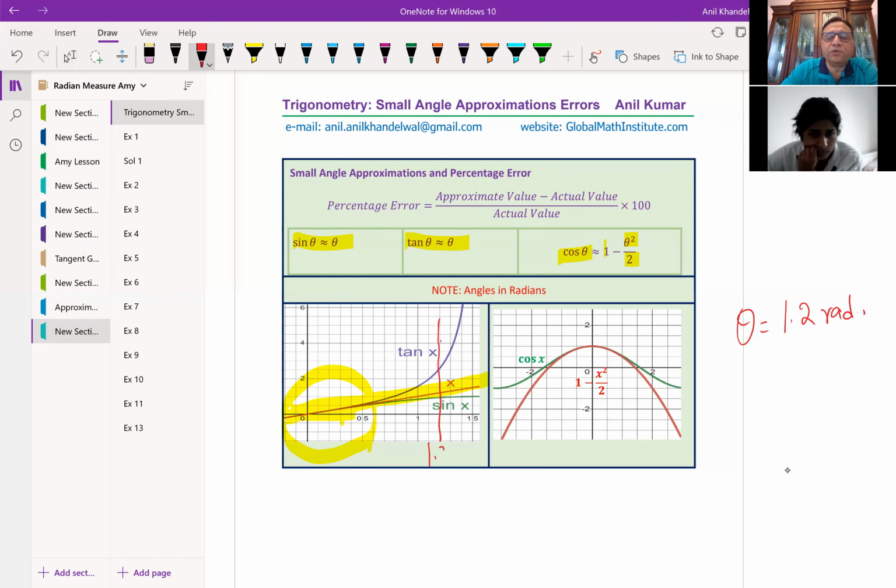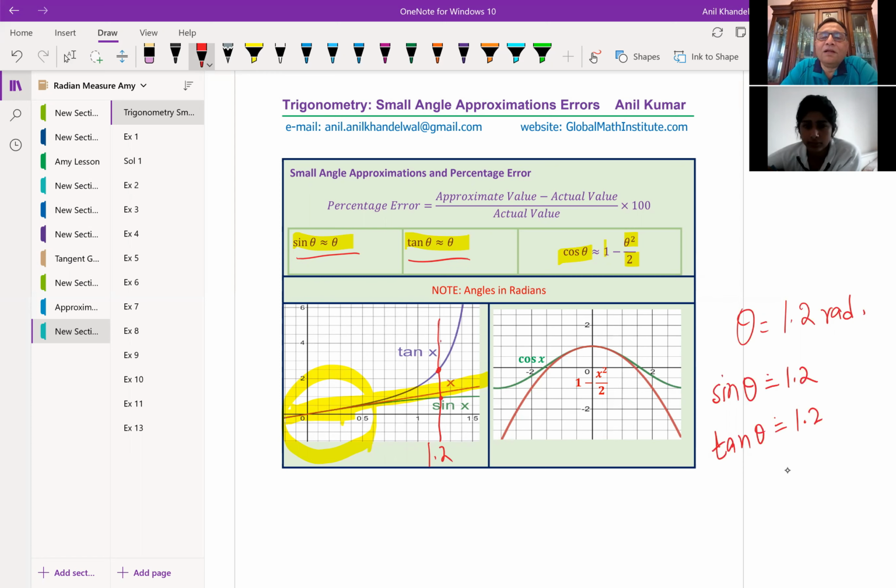This is 1.2 radians from the graph, right? So I will approximate sin theta as what value? sin theta will be equal to 1.2 and tan theta will also be equal to 1.2. So both are 1.2, because sin theta is approximated to theta and tan theta is also approximated to theta when the angles are very small. Perfect. The exact value, however, for sin theta is lower than 1.2, as you can see in the graph, right? However, tan theta is higher.